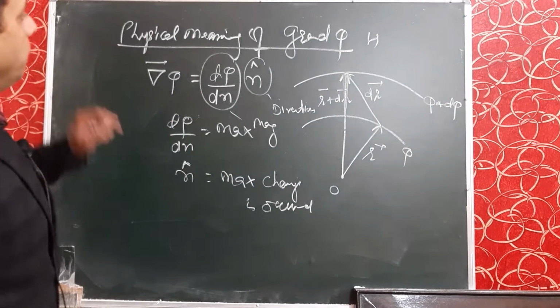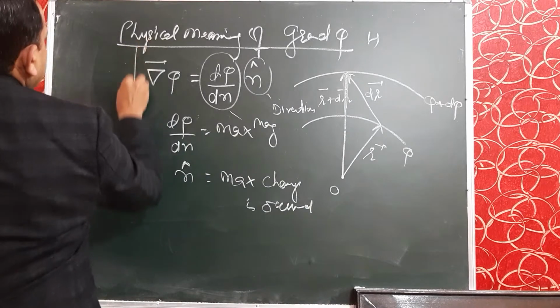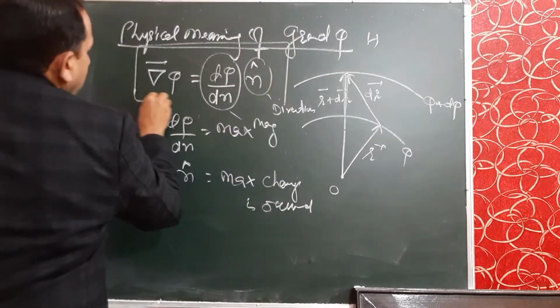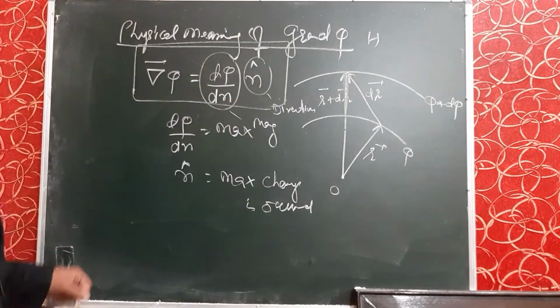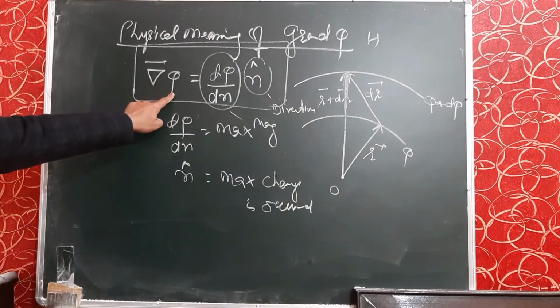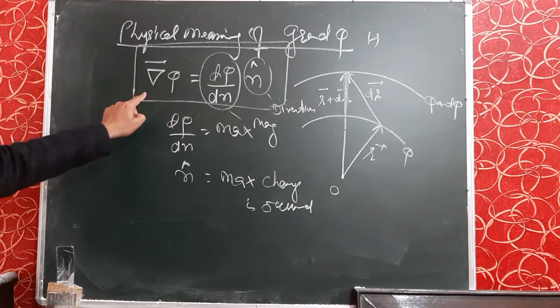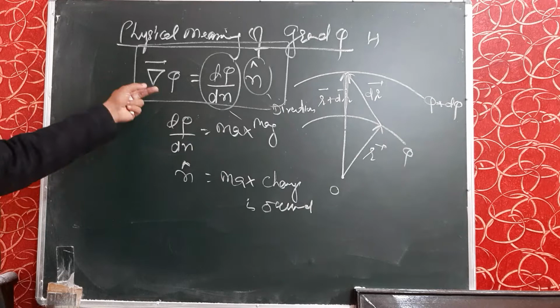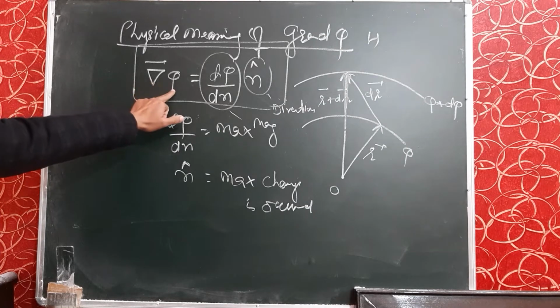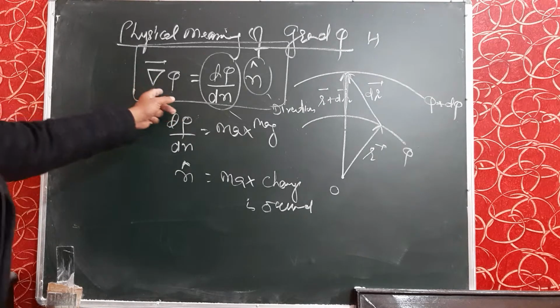Now physically we may define grad phi as this. Phi is a scalar quantity. If we consider its gradient, then the gradient of any scalar function is always a vector.